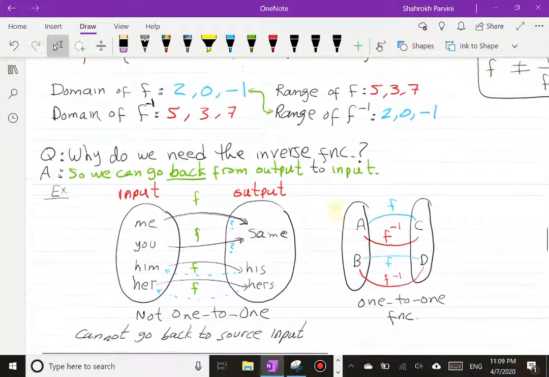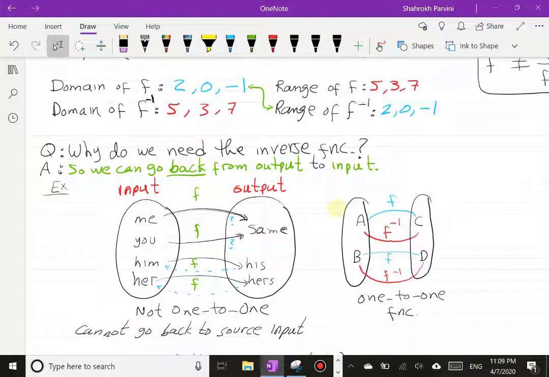And here's what I've done for you. If you look at what I have here, this is the idea of mapping with functions. Right in here, I have created a function that is 1-to-1. So element A corresponds with C, B corresponds with D. In blue, A corresponds to C through function f.